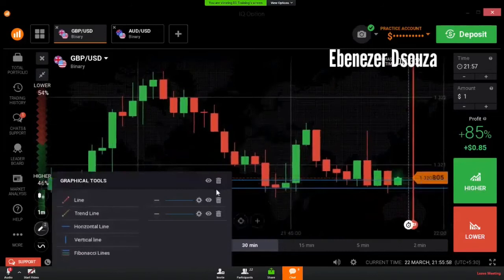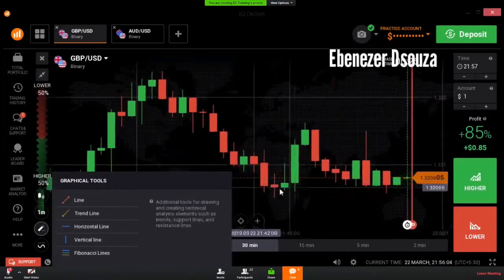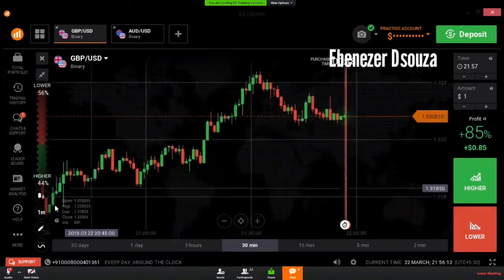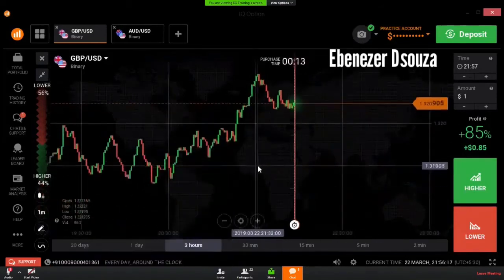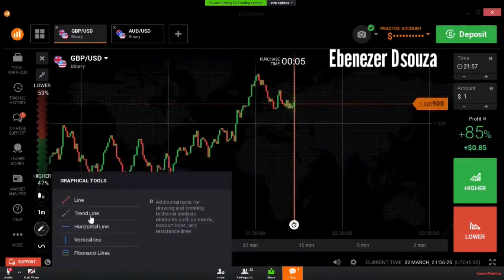Similarly, here I have drawn a horizontal lines to identify the buyers and sellers area. To know the buyers and sellers area in uptrend, we can use the trend line too. Okay, now I will show you how to identify the buyers and sellers area using the trend line.